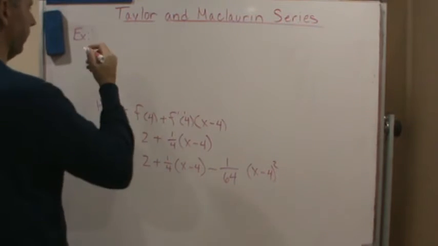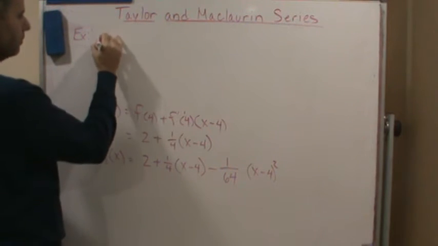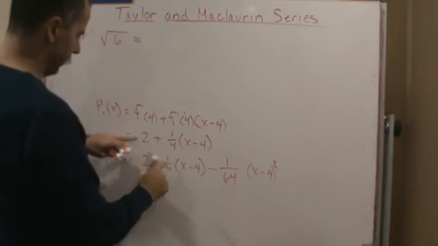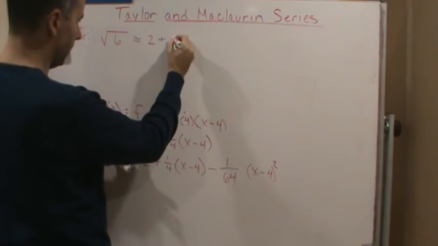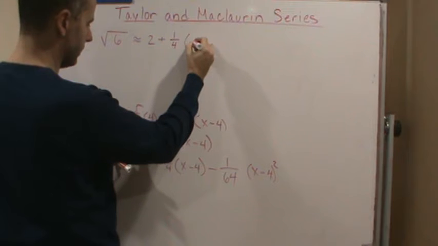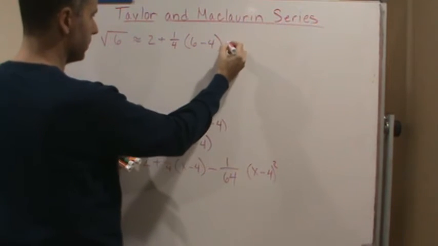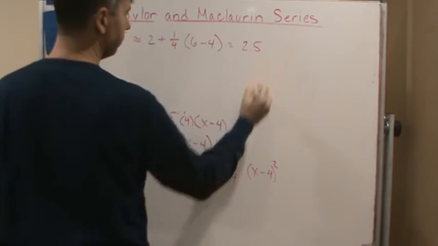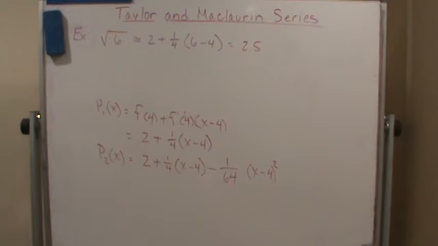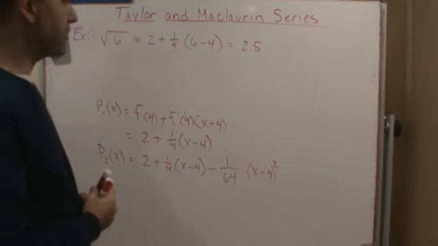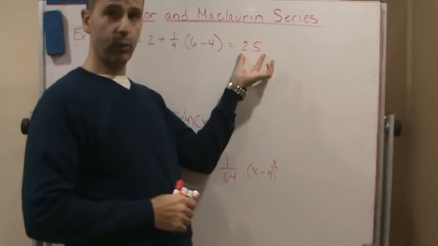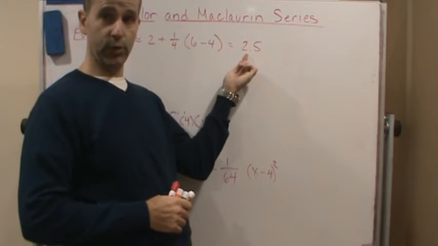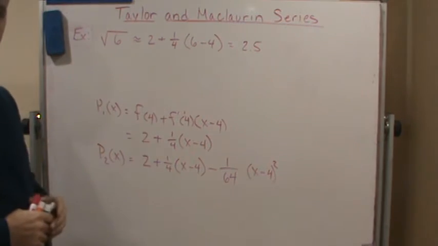With P1, the square root of 6 is approximately 2 plus 1/4 times 6 minus 4, which is 2.5. That's good because if we square 2.5, we get 6.25, which is pretty close to 6.